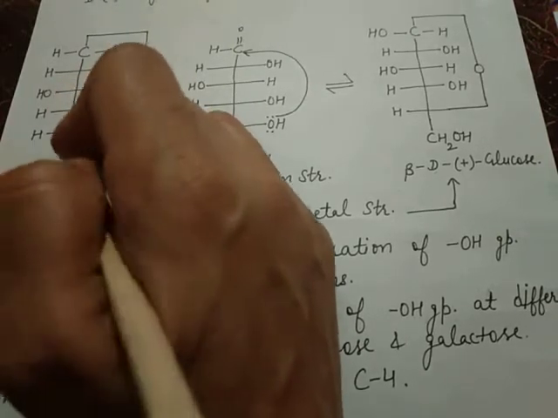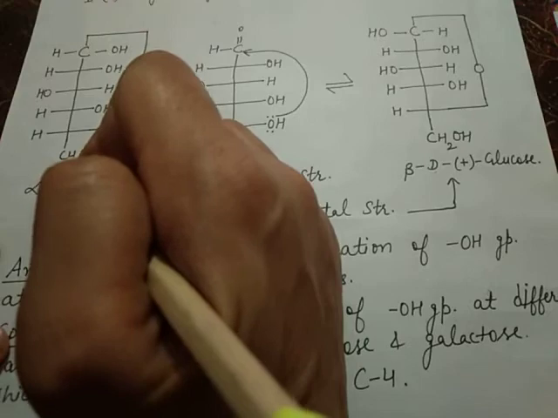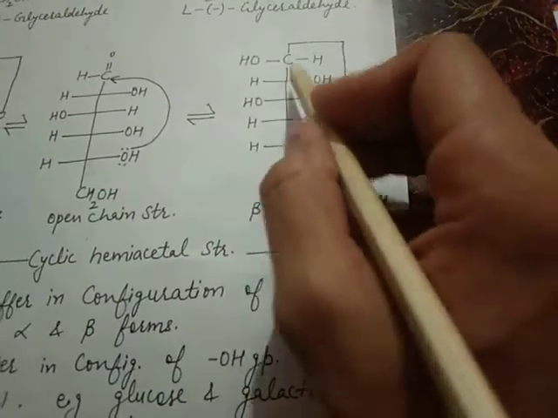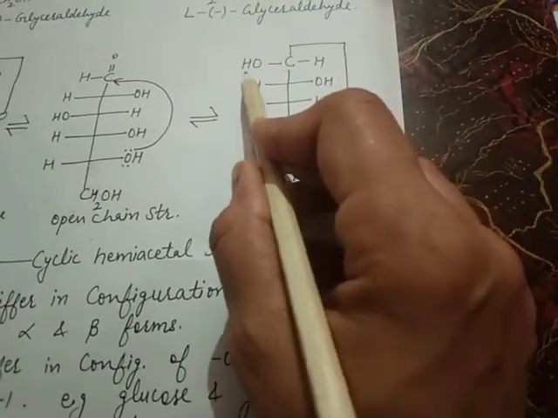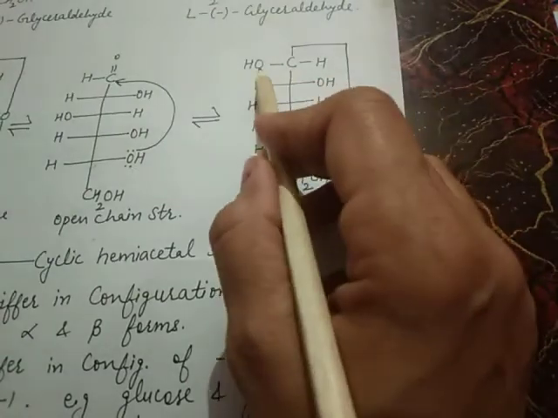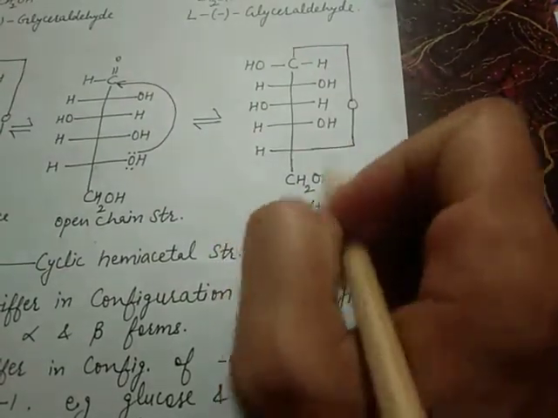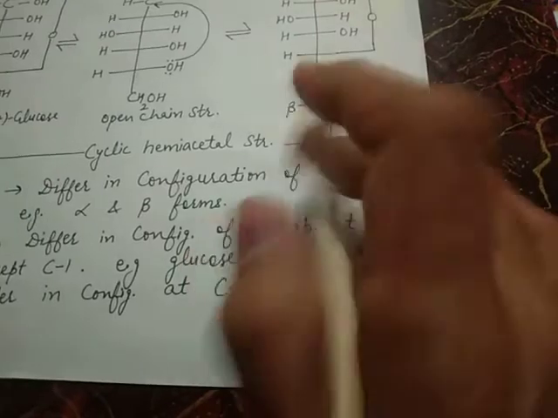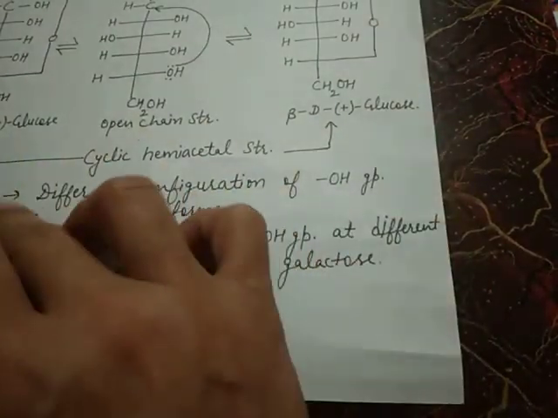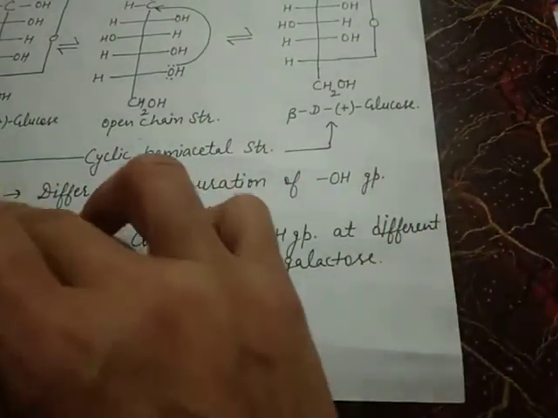Other carbons remain the same. If the OH group is present on the left hand side, then beta D glucose is formed. Other carbons remain the same. These two are the cyclic hemiacetal structures.